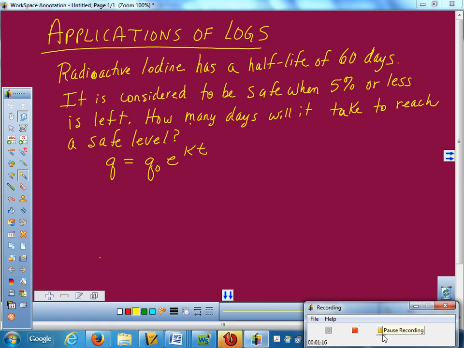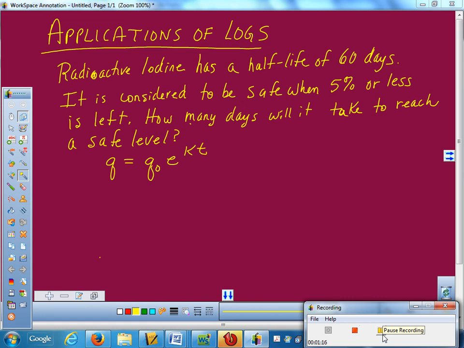Okay, you have not done this one before. In the past, I gave you K. K determines how fast or slow something grows or decays. K changes. For bacteria, every strain of bacteria, K can be a different number. In this case, we're talking radioactive iodine. K will be a different number than for some other radioactive substance. So K varies depending on what it is you're studying.